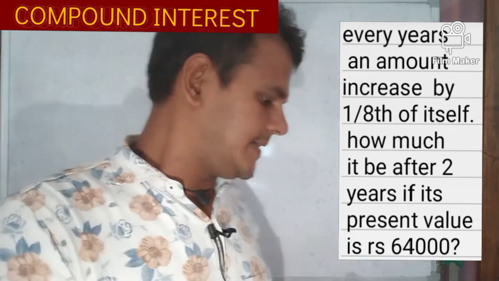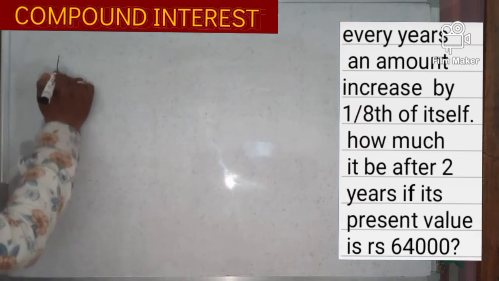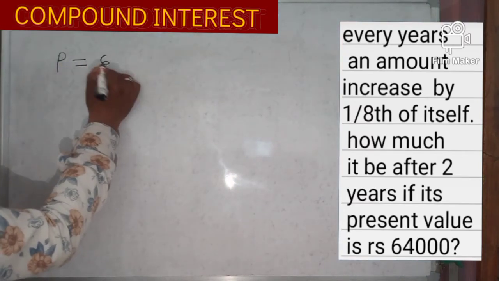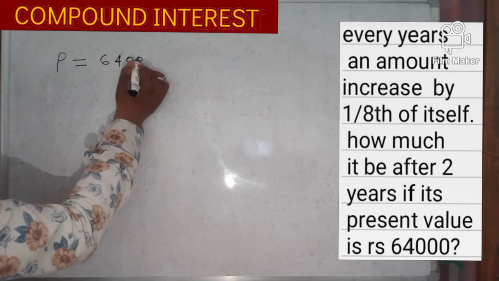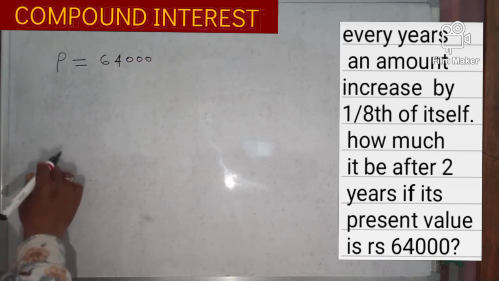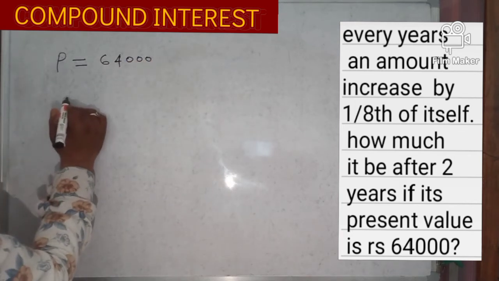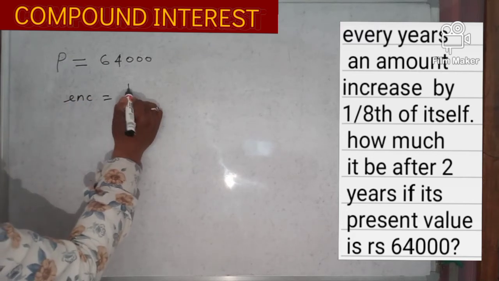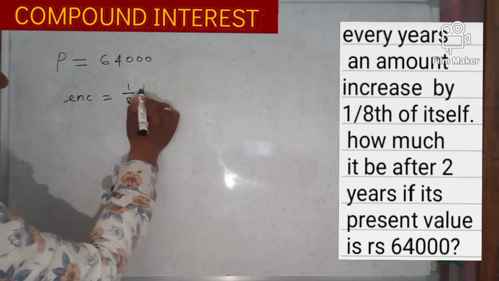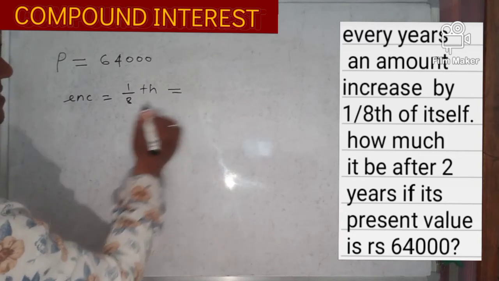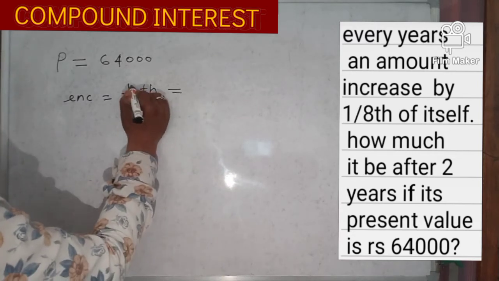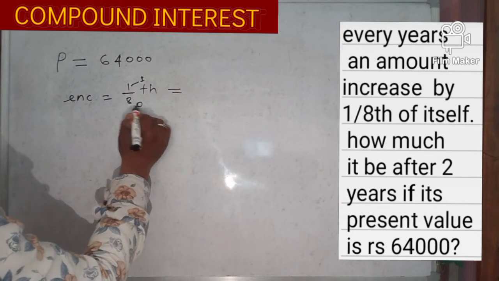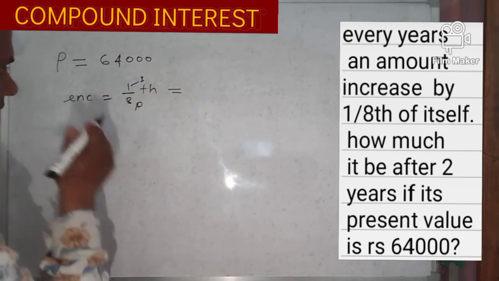So see here, our principal is 64,000 and it is increasing by 1/8. Friends, this is our principal and this is interest. So principal plus interest is amount.